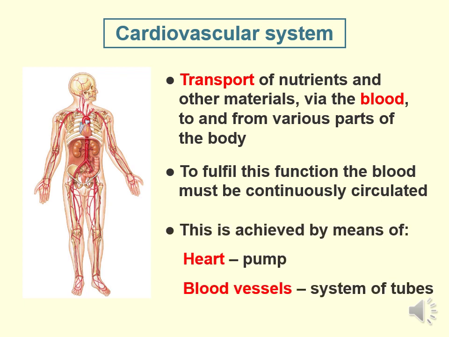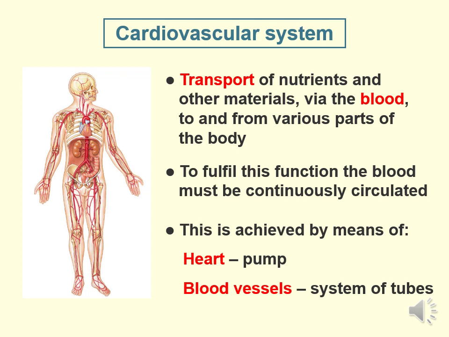Now, in order for our cardiovascular system to work as a transport network, the blood must be continuously circulated, and this is achieved by two other components: the heart, which is the pump which circulates the blood, and the blood vessels, which are the networks of tubular structures that the blood flows through.